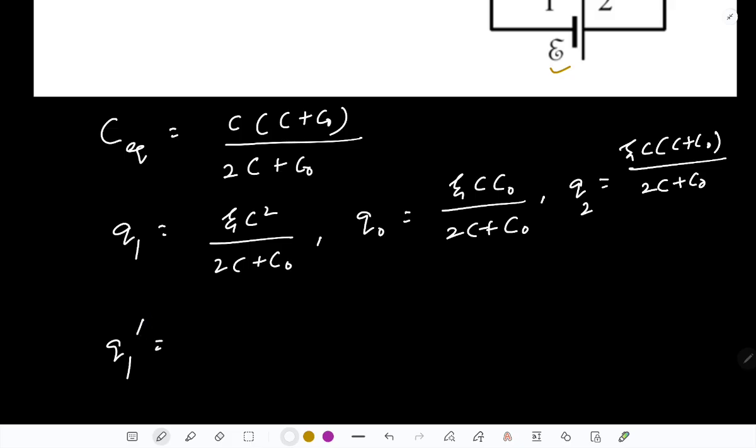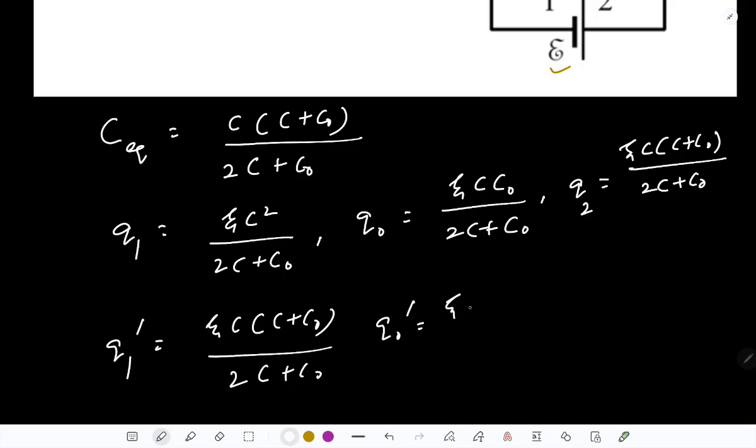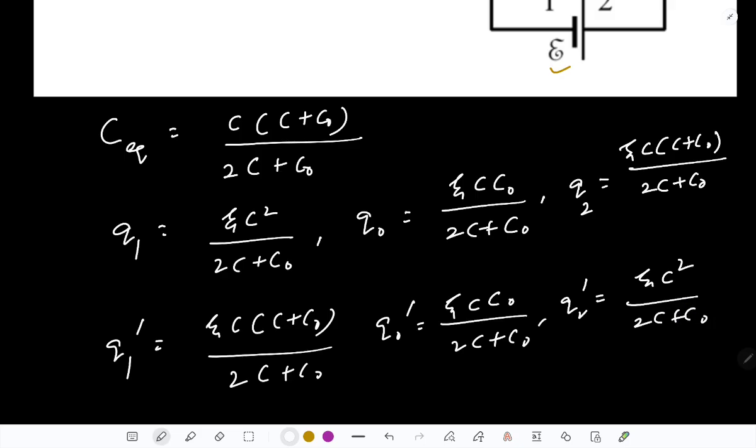You will solve on your own, and you can see that Q1 dash becomes EC(C plus C0) divided by 2C plus C0, and Q0 dash remains same. Q0 dash is basically equal to Q0, that is ECC0 divided by 2C plus C0, and Q2 dash has changed to EC square by 2C plus C0.